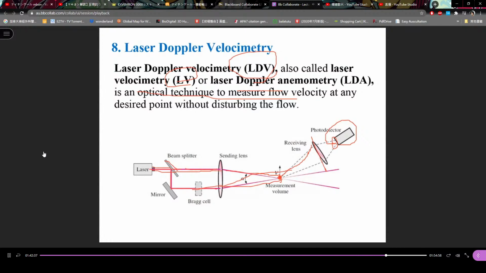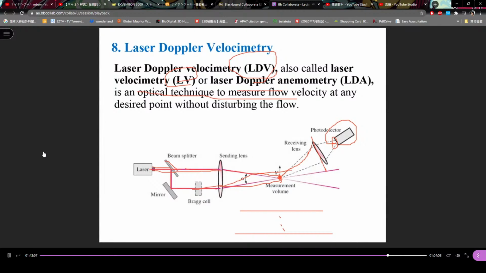We have done a lot of such experiments in China for wind farm measurement because I'm working on wind turbines. We can measure the velocity at 60, 70, or even 90 meter high level. For building services engineering, we can measure air duct velocity.